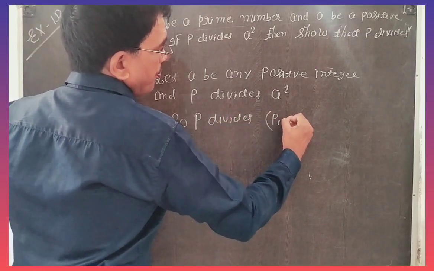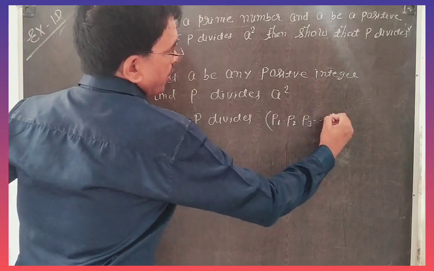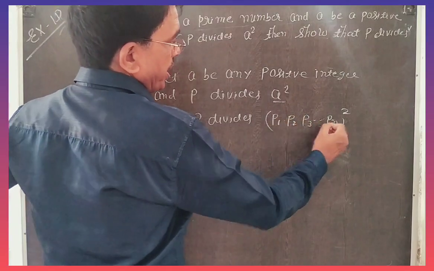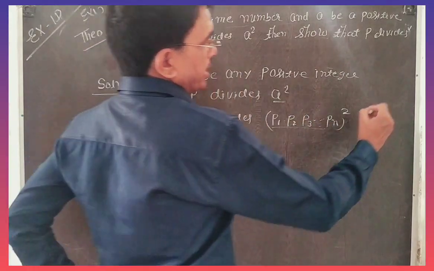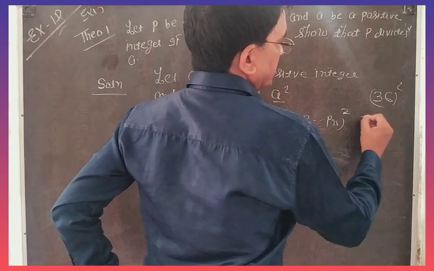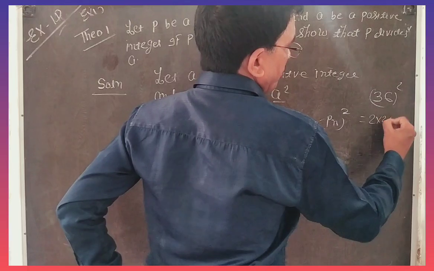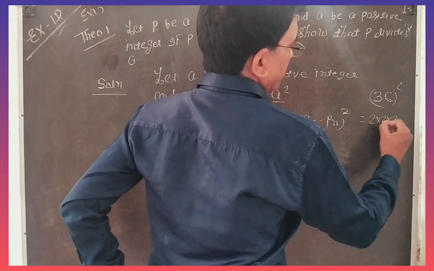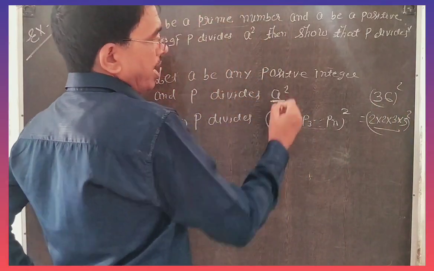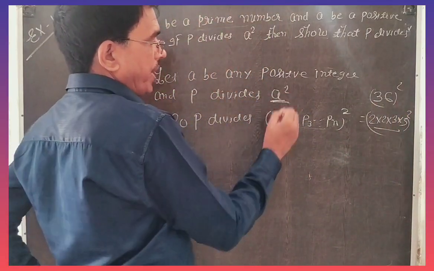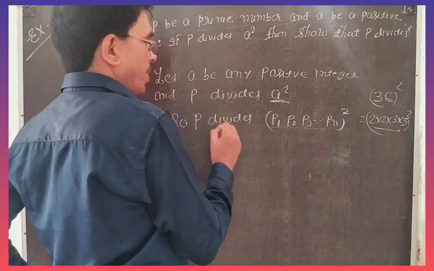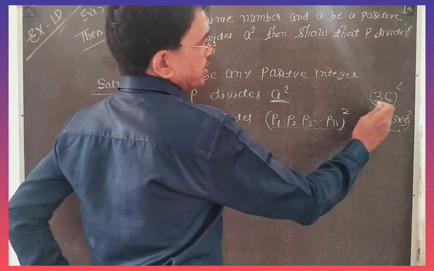Here p1, p2, p3 up to pn are the prime factors of a. Likewise, when we write 36 and square it, the factors of this are 2 into 2 into 3 into 3. So similarly, here is a, a known number, and the factors of a are primes p1, p2, p3 up to pn. So p divides p1, p2, p3 up to pn, whole square.